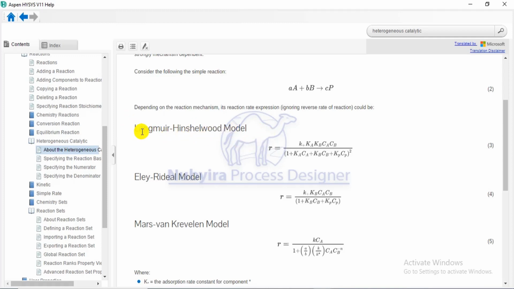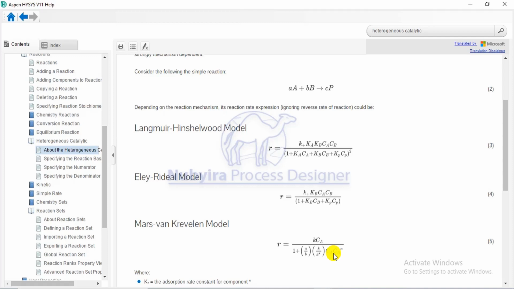Each of these models has its individual rate expression that you can see on my screen. So you have the expression for the Langmuir-Hinshelwood, then the expression for the Allais-Riedel model, then the expression for the Mars-Van Krevelen model.